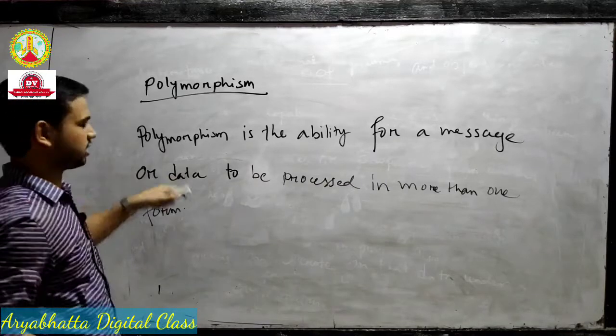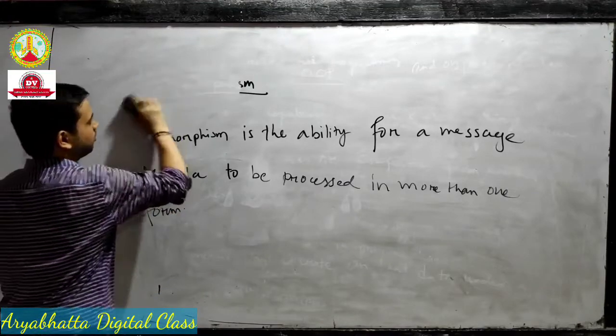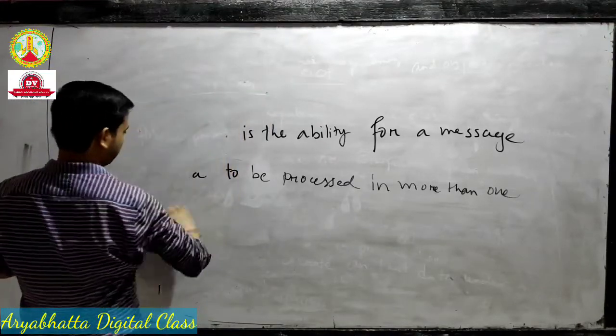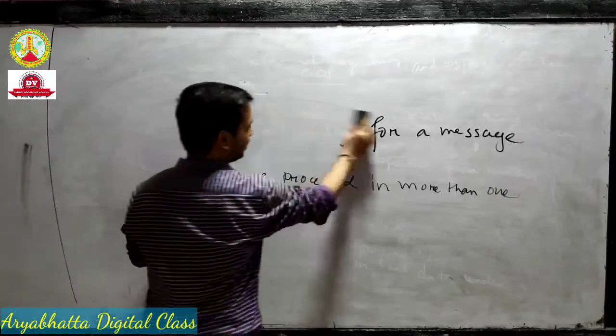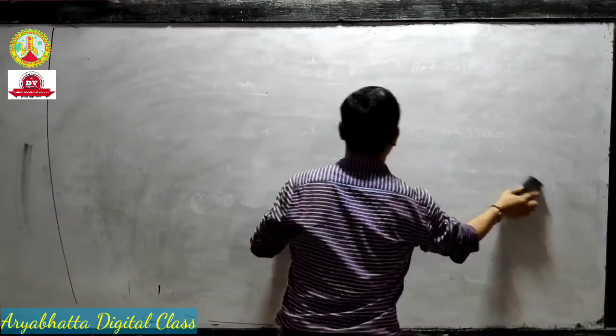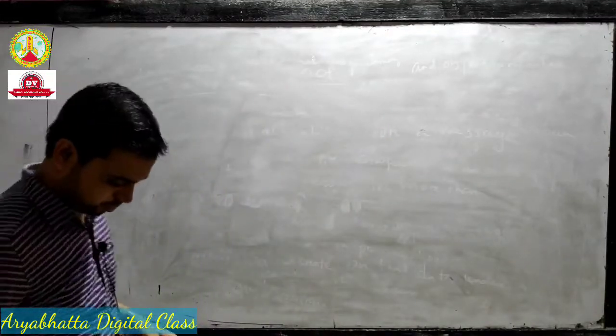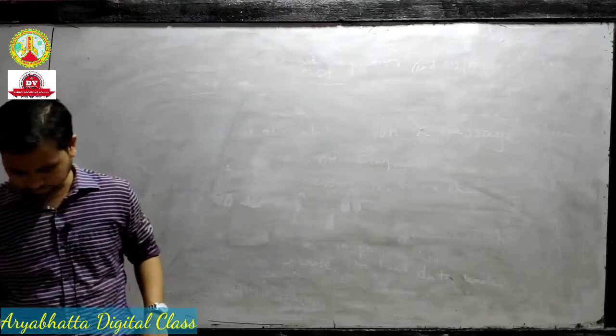These 5 definitions are very important. You note down. The last one is advantages of OOP. It is coming in exam. It is very important. What is the advantage of using object-oriented programming? We already discussed the difference between OOP and POP. POP means procedural programming.